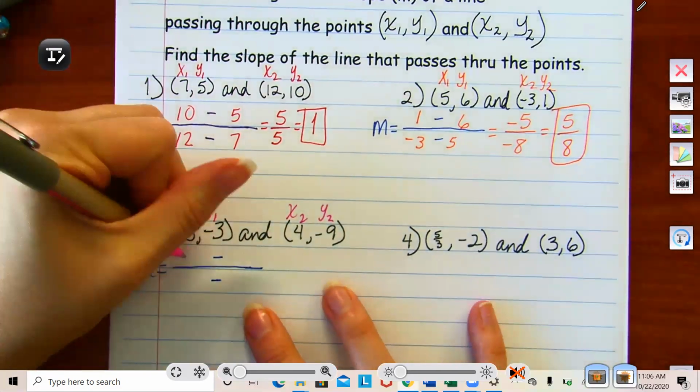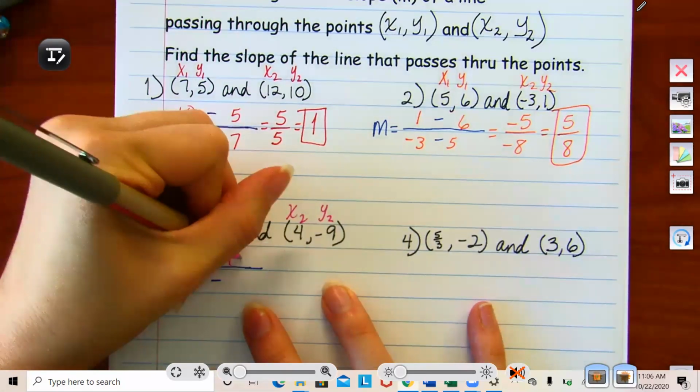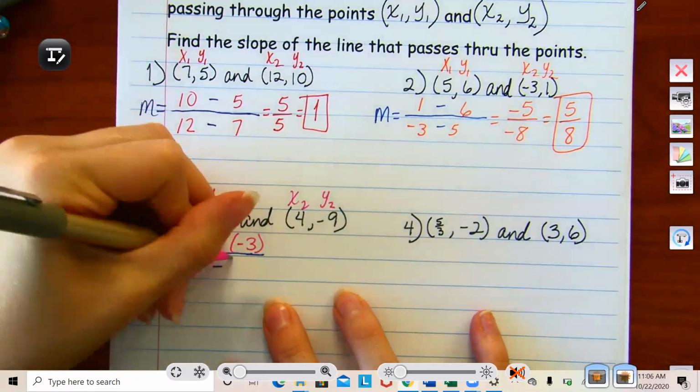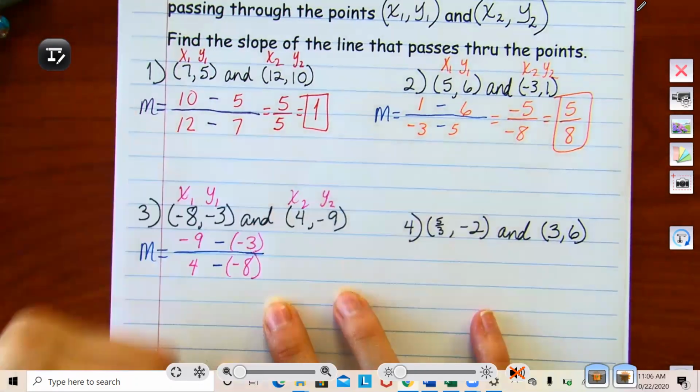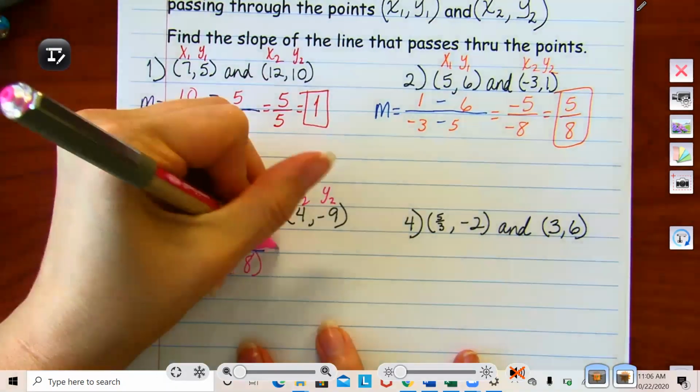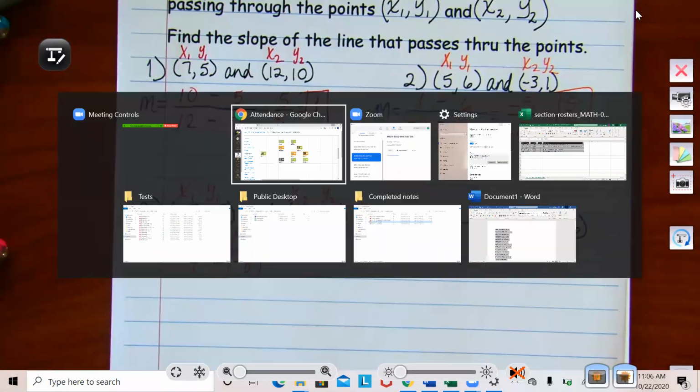So this would be negative 9 minus negative 3 over 4 minus negative 8. So minus a negative is a plus.